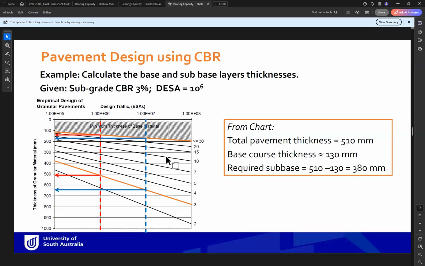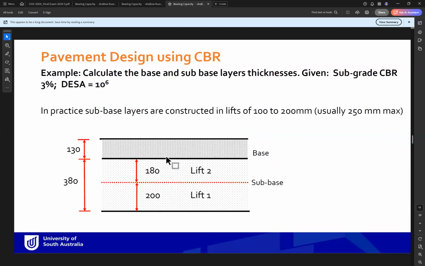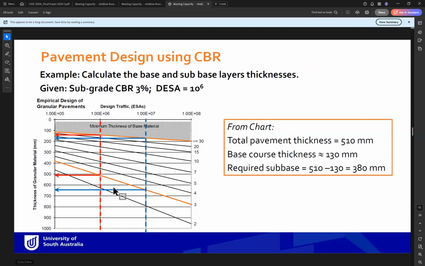So in this example here, as you can see, we need to use this chart to find the thickness of the granular material based on the subgrade percentage CBR and the DSA. So using the DSA you got and CBR, you come to this chart.